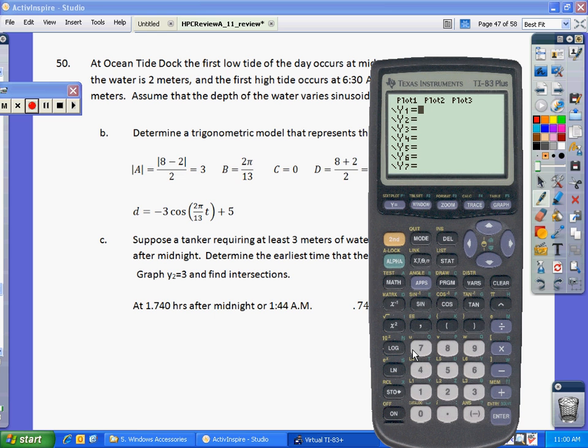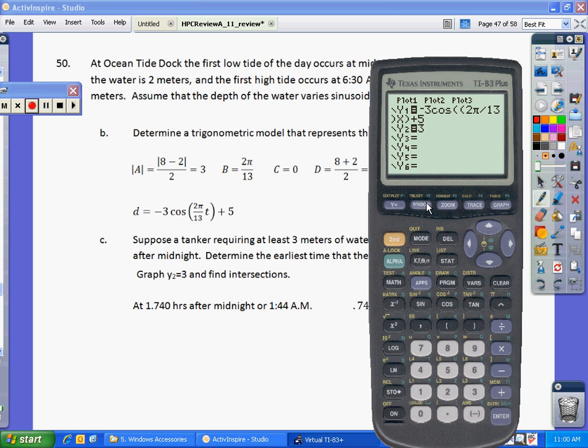Alright, so negative 3 cosine 2 pi divided by 13 x, which is our variable in the calculator, plus 5. Now it needs at least 3 meters of water, so y2 we're going to put in 3.